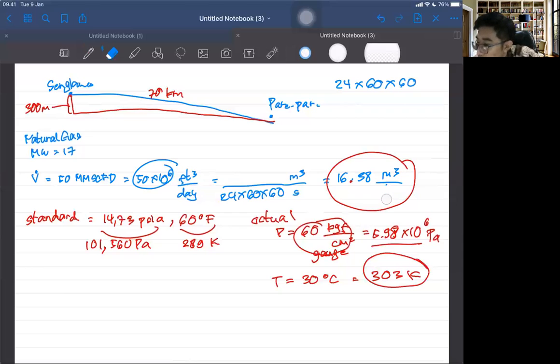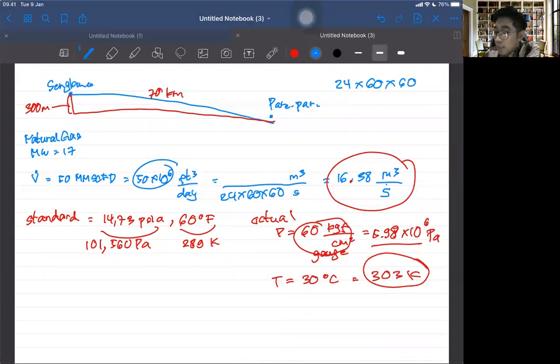Yes, this one is already in cubic meters per second. So the 16.38 cubic meters per second is the volumetric flow rate that has been calculated at 101.560 Pascal and 289 Kelvin. So you need to know the value of this flow rate when you are measuring at 5.98 times 10 to the power of 6 Pascal and 303 Kelvin.